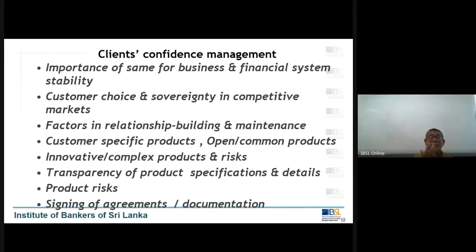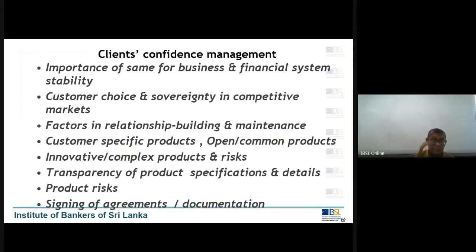Why is clients' confidence management important for financial system stability? Right? I think up to now you know what financial system stability means. It means that if you can tolerate all the internal and external shocks without any crisis impacting your financial businesses, we call it financial system stability.